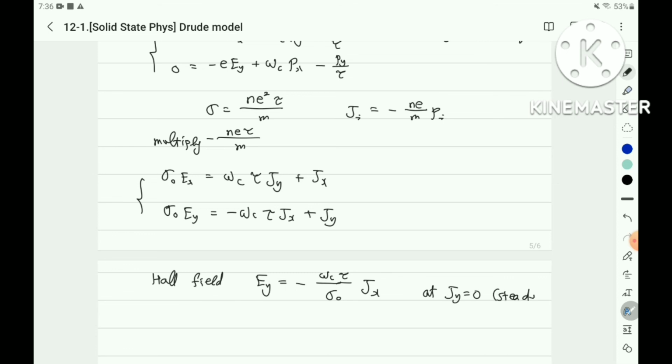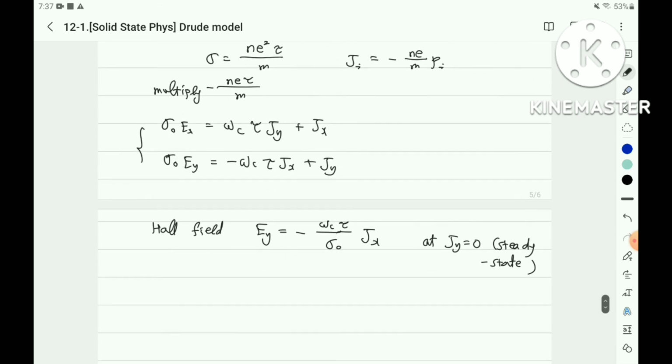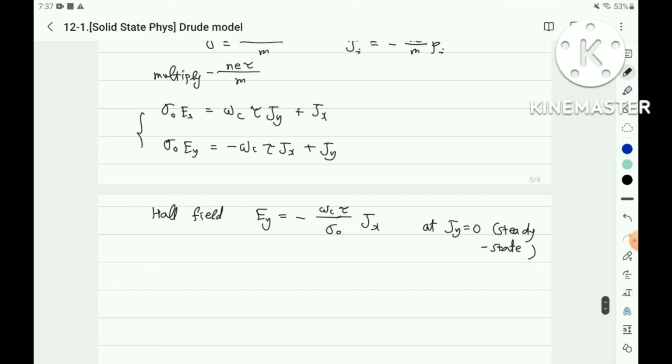In steady state, it is a thermal equilibrium state and there is no current in the y direction. Therefore, Ey can be written like this. In other words, when we multiply tau and omega c, it is H over nec Jx.